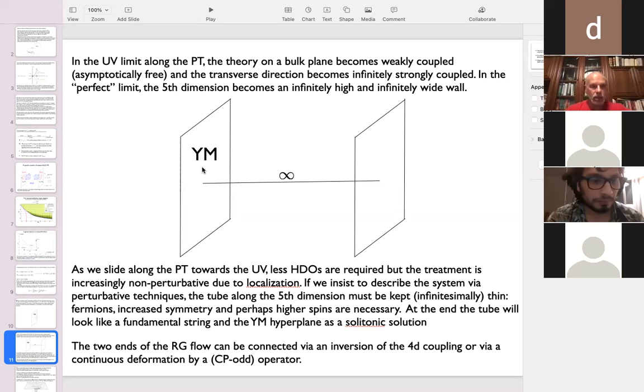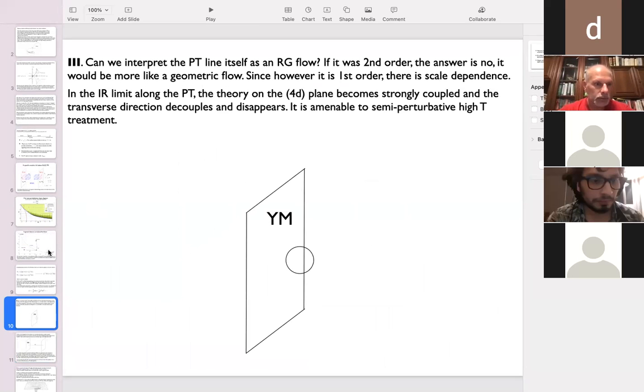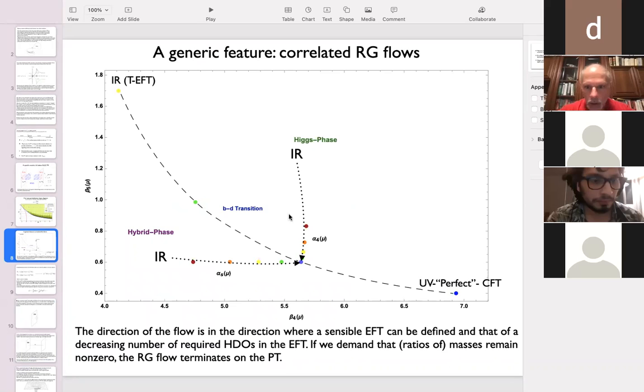So in the two limits of the phase diagram, the yellow point and the blue point are the same theory, SU(N) Yang-Mills, except that in the infrared it is strongly coupled, and in the ultraviolet it is weakly coupled. So these two points can be connected, if you wish, via an inversion of the coupling, for example.